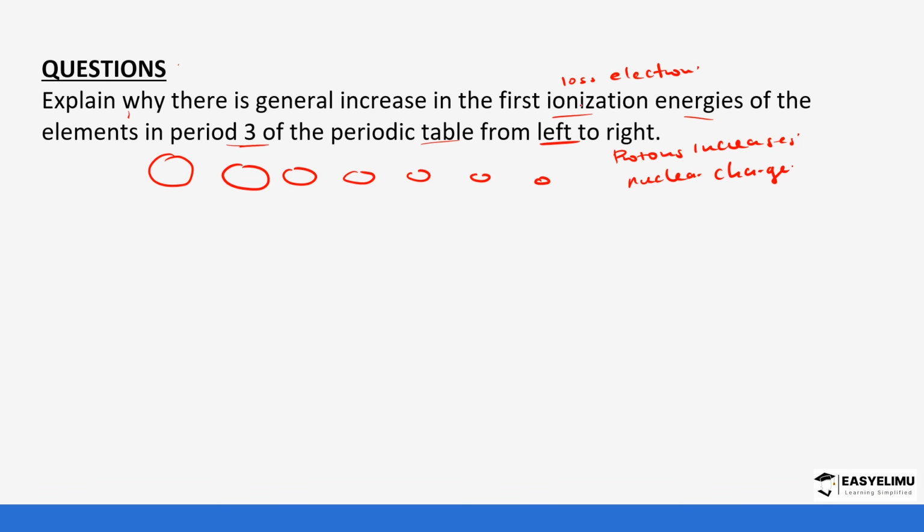So it will require more energy to remove any electrons in the outermost shell. So you can imagine across the period it's becoming harder and harder to remove electrons from the outermost energy level. That is the reason why the ionization energy increases from left to right. Protons increase, nuclear charge increases across the period, and more energy is required to remove the outermost electrons.